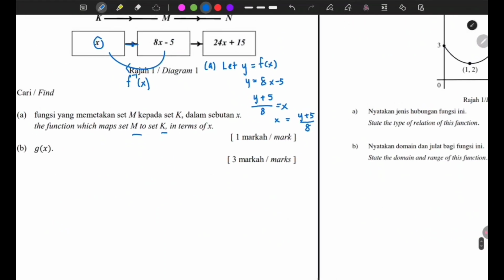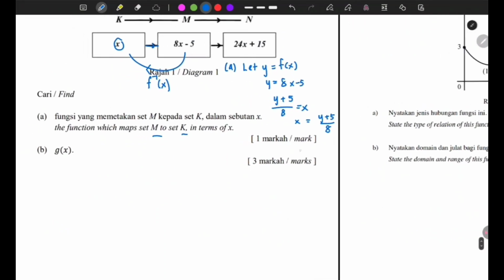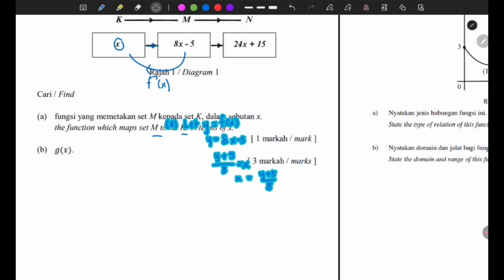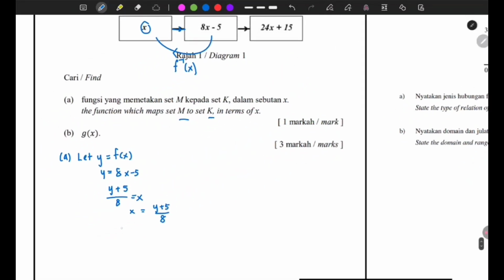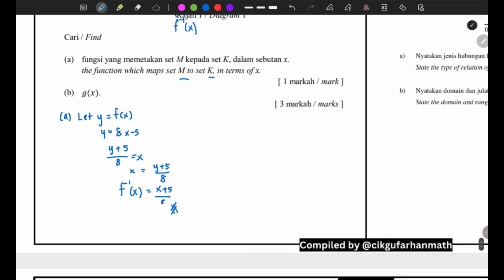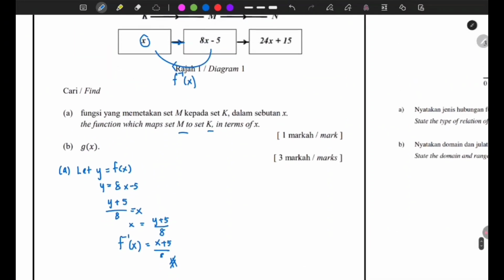And then you just need to write the inverse. f inverse x, done.